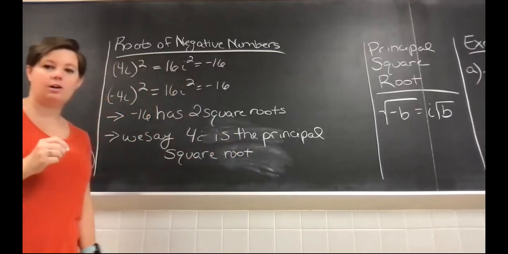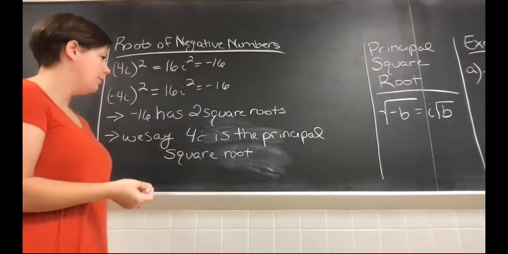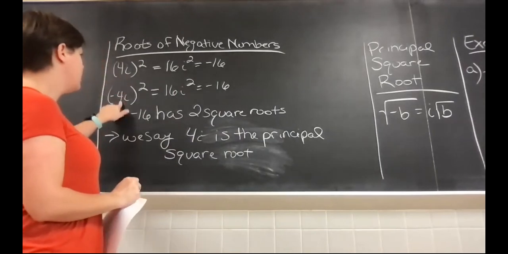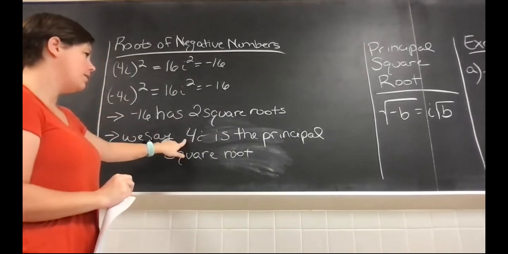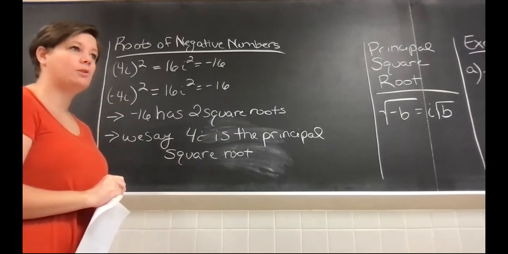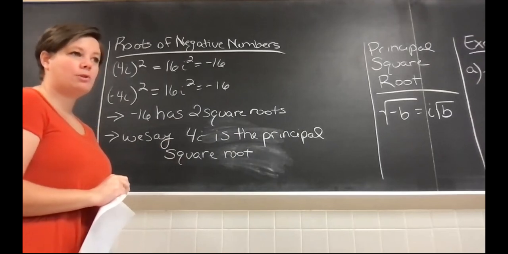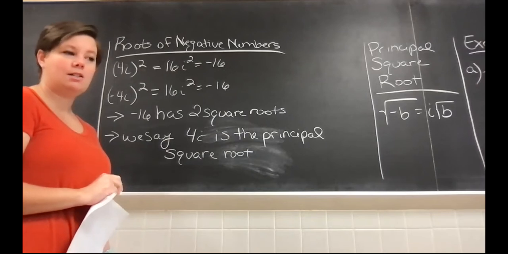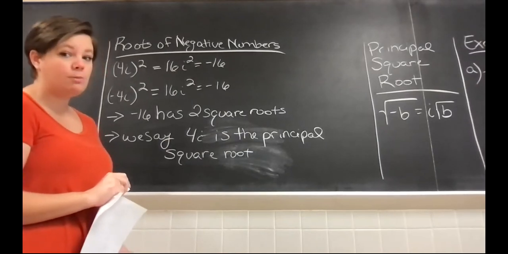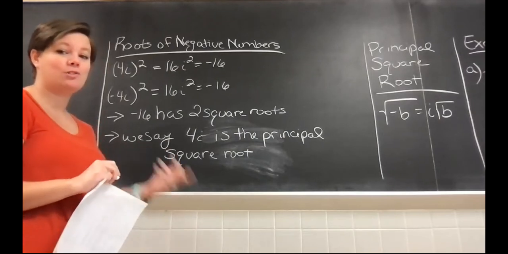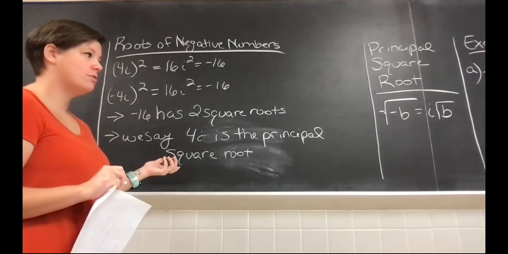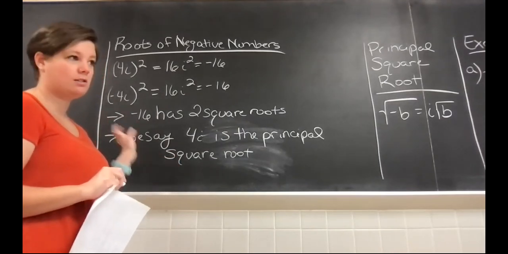Just like with our real numbers, we had a positive and a negative. You have a positive and a negative here. But we call the positive the principal square root. It's pretty similar to the real numbers, where when you think about the square root of 16, 9 times out of 10, you're really only going to think, well, it's 4. That's true, but it's not totally true because negative 4 is also a square root of 16.